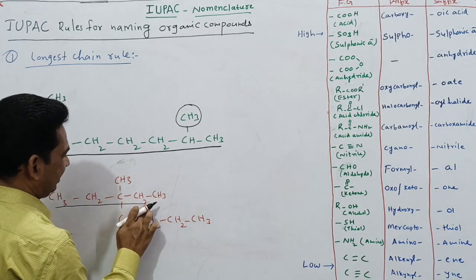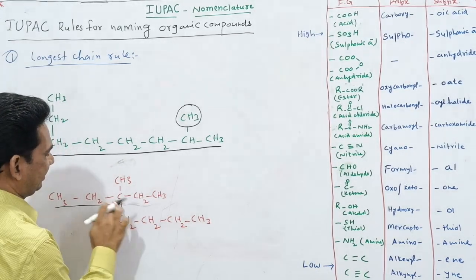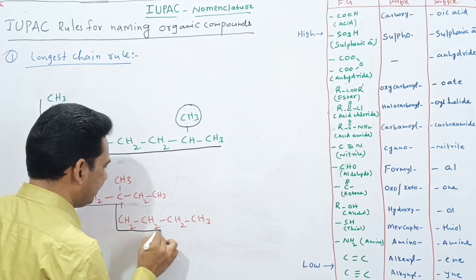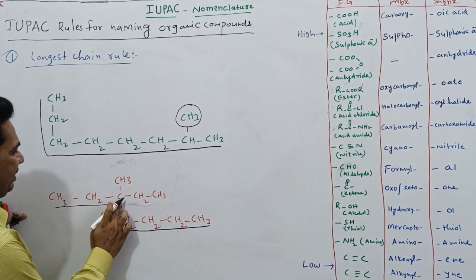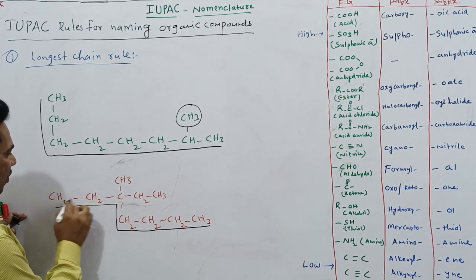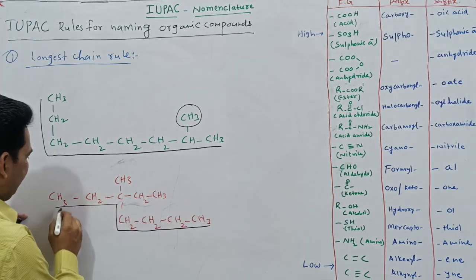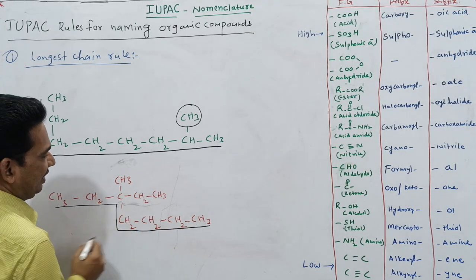Then leave this one, I am not selecting in this way. I am selecting in this way. This is my longest chain. Here the number of carbons: 1, 2, 3, 4, 5, 6, 7.